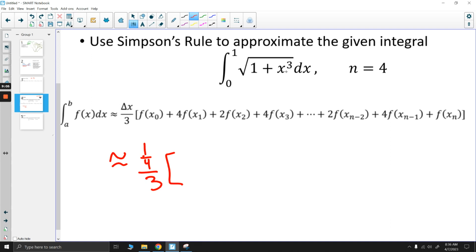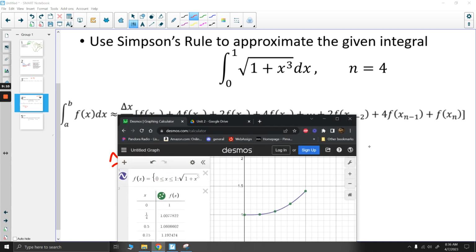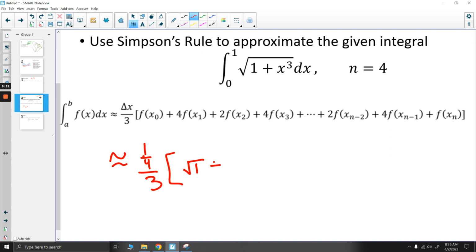So f of 0, if we plug 0 in, we get the square root of 1. Plus 4 times f of x sub 1, our next value, which is 1/4. So it's the square root of 1 plus 1/4 to the third power. Plus 2 times the square root of 1 plus our next value, which is 1/2 to the third.